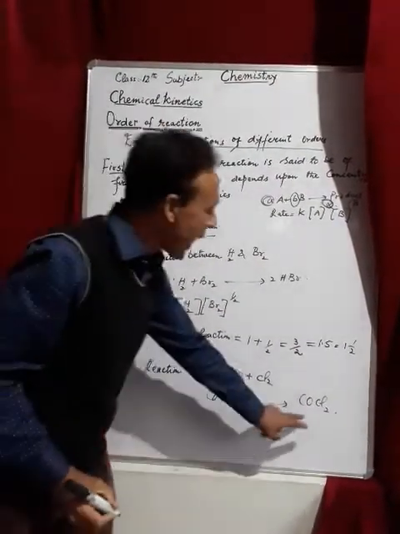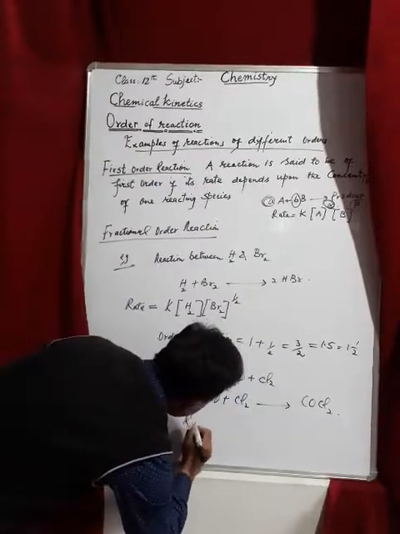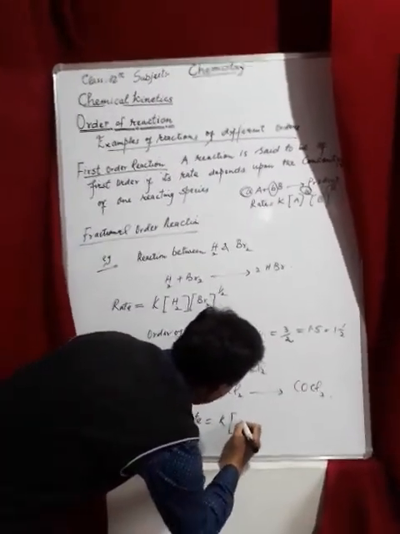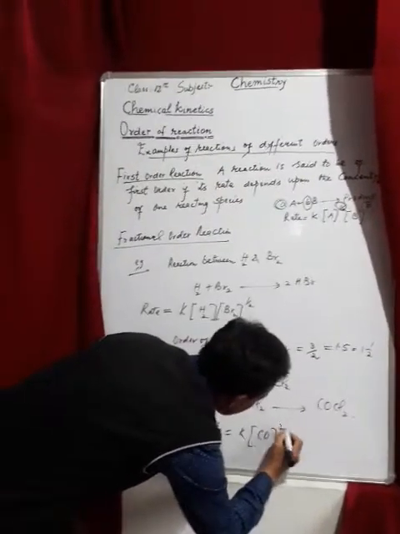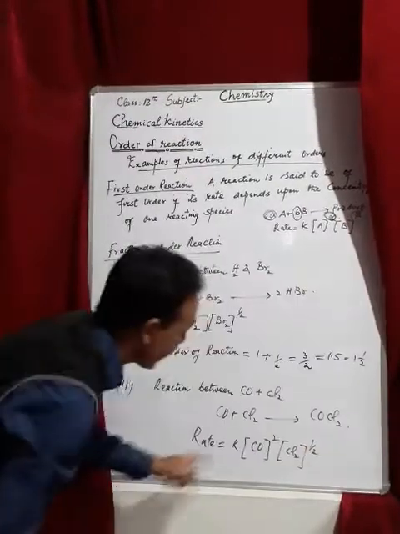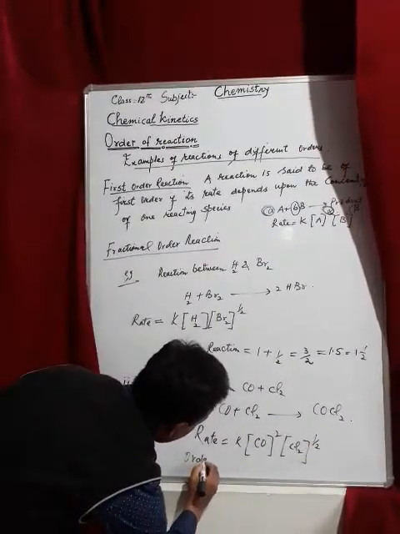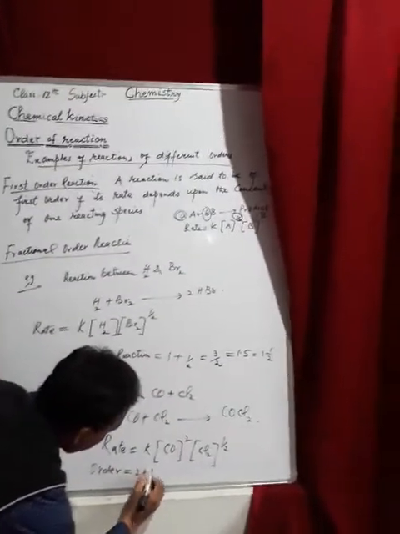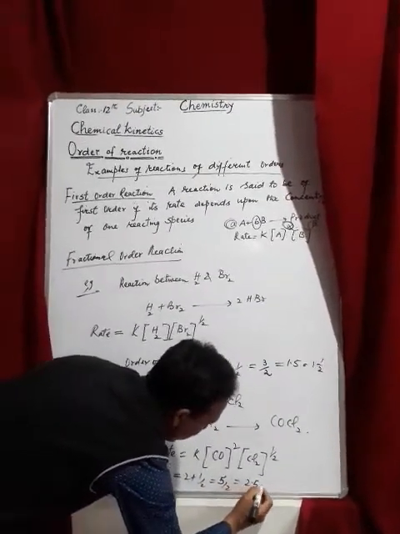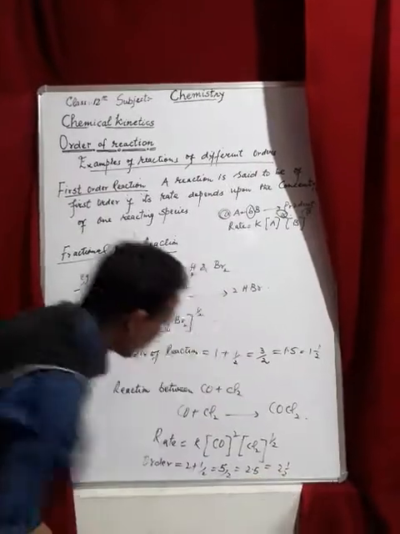This is carbonyl chloride, and according to the rate law expression, the rate of this reaction is k[CO]^2[Cl2]^(1/2). The order of the reaction is equal to 2 plus 1 by 2, that is 5 by 2, or 2.5.